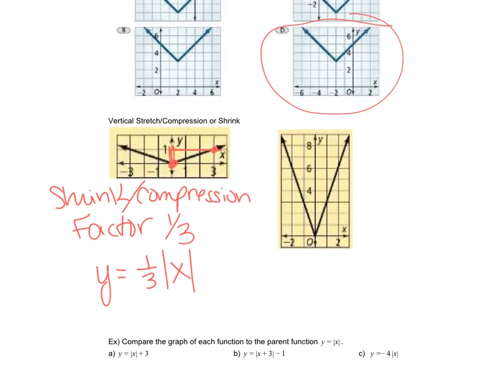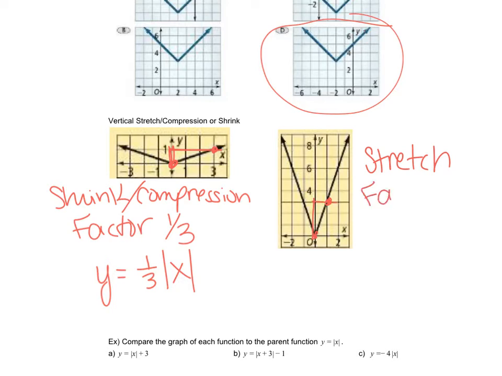All right, this next one also starts at the origin, but notice it's more narrow. It looks like it's been stretched up. Somebody took it by the top of it and just stretched it up towards the top of the graph. So this is a stretch, and you find the factor the same way. So this one looks like it's up 3 over 1.